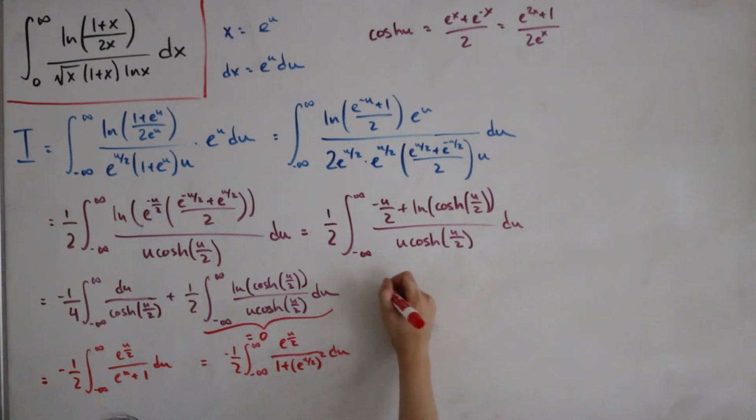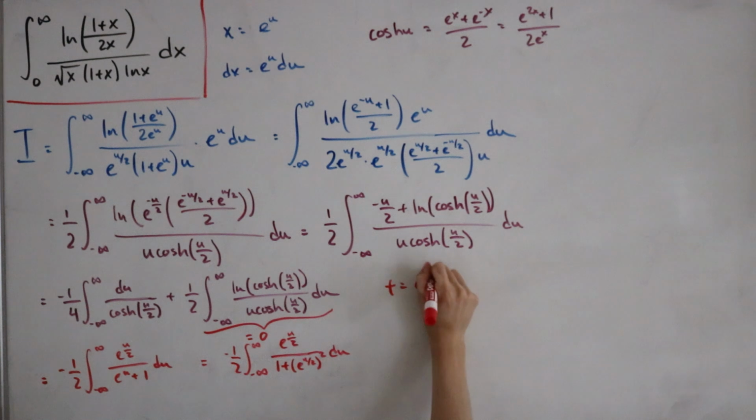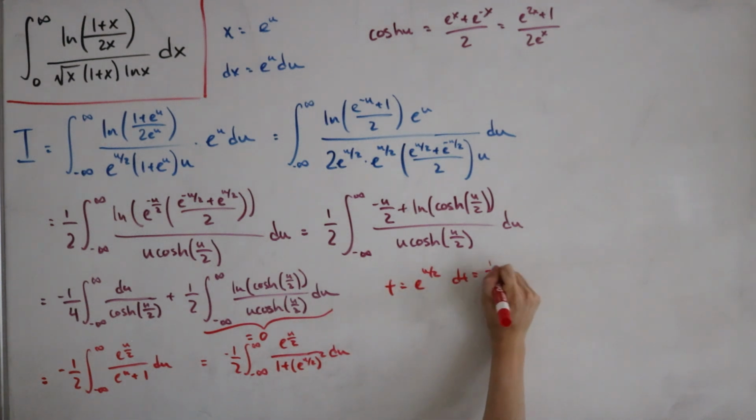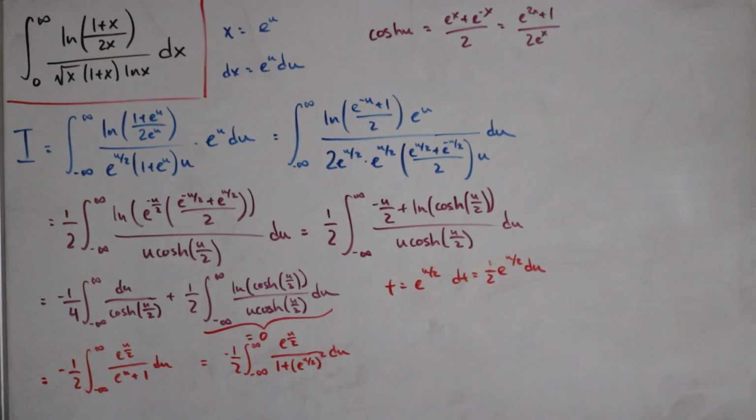And now you can apply a nice little u substitution. We'll call this t. t equals e to the power u divided by 2. So then dt is just equal to 1/2 e to the u divided by 2, and then du. And as you'll notice, you're going to have some stuff that cancels out. You can move that 1/2 back in, and then that'll just disappear by itself. Therefore, that's just going to be the negative integral, and then we'll plug in the new bounds.